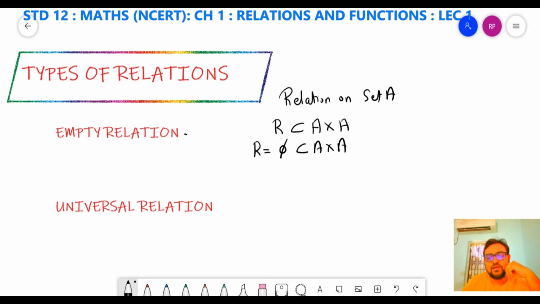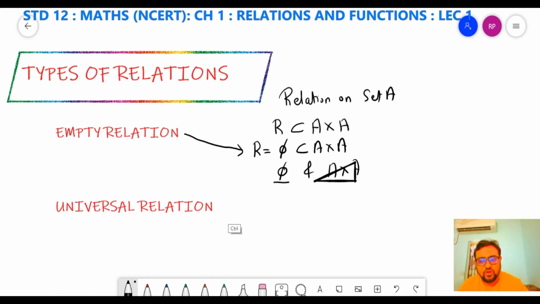Then that relation is called empty relation. Clear? Now, universal relation. See, there are two extremities. One is phi and another is A cross A. Phi, that is null set, this relation is called empty relation, and A cross A is called universal relation.